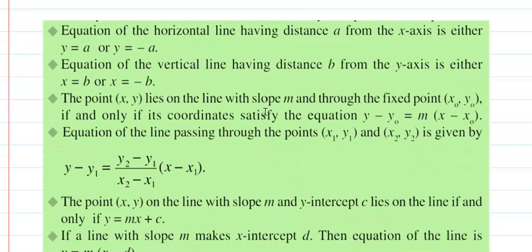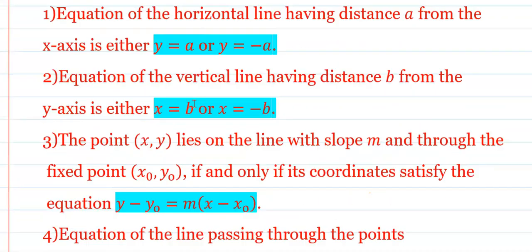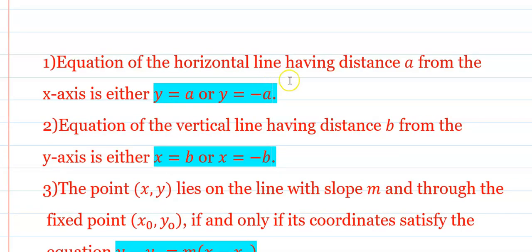Before that, I will repeat the formulas again. Equation of the horizontal line having a distance a from the x-axis is either y equals a or y equals minus a.